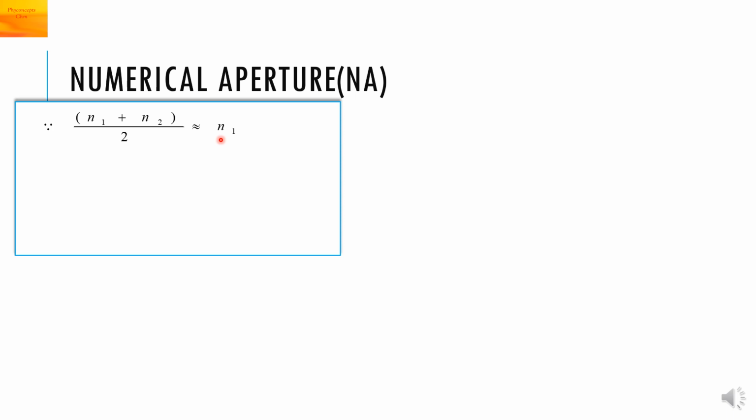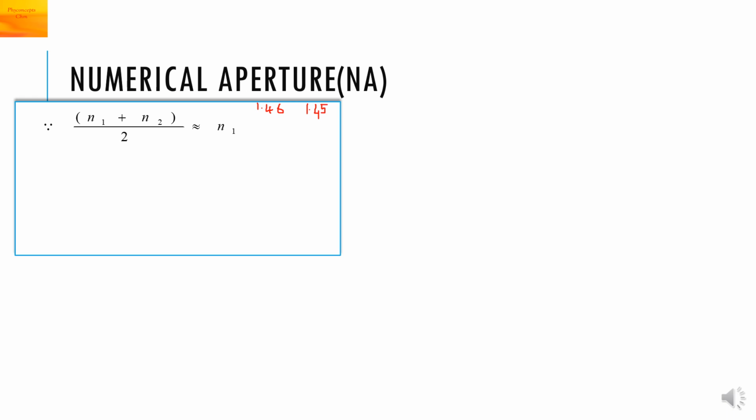Like, for example, the refractive index of N1 can be taken as suppose 1.46, and the refractive index of the cladding can be taken as 1.45. So you can see that the difference between both N1 and N2 is very less.